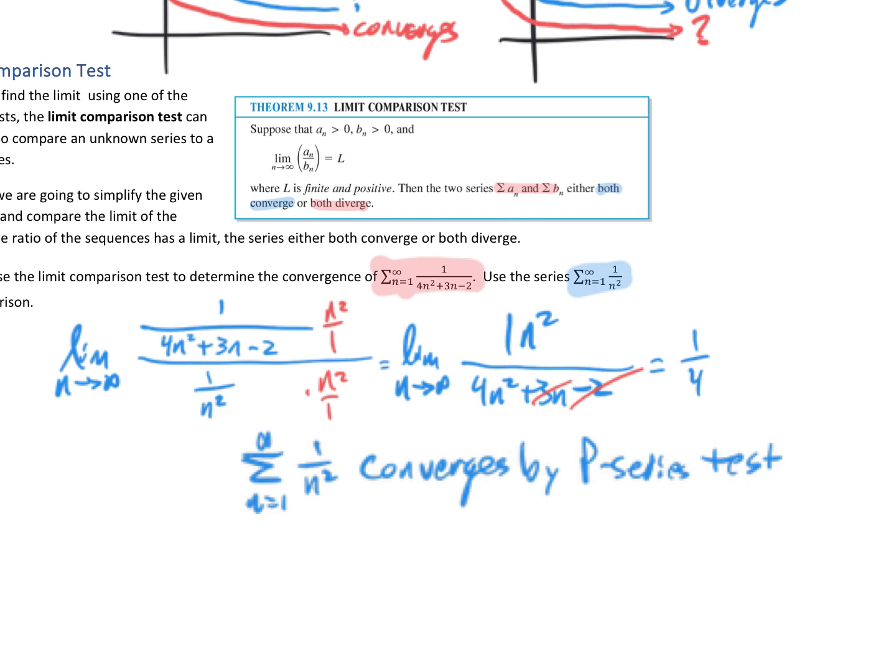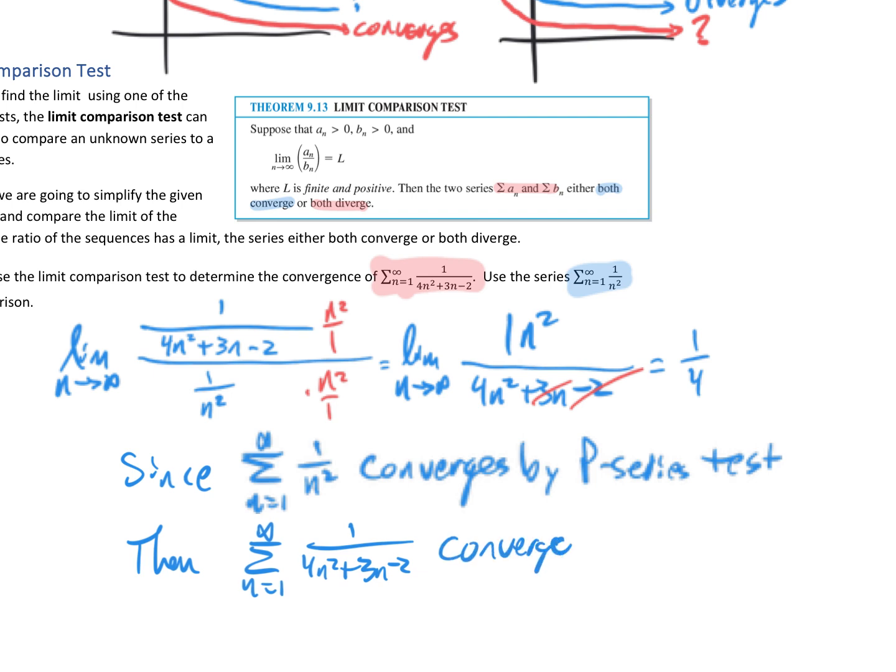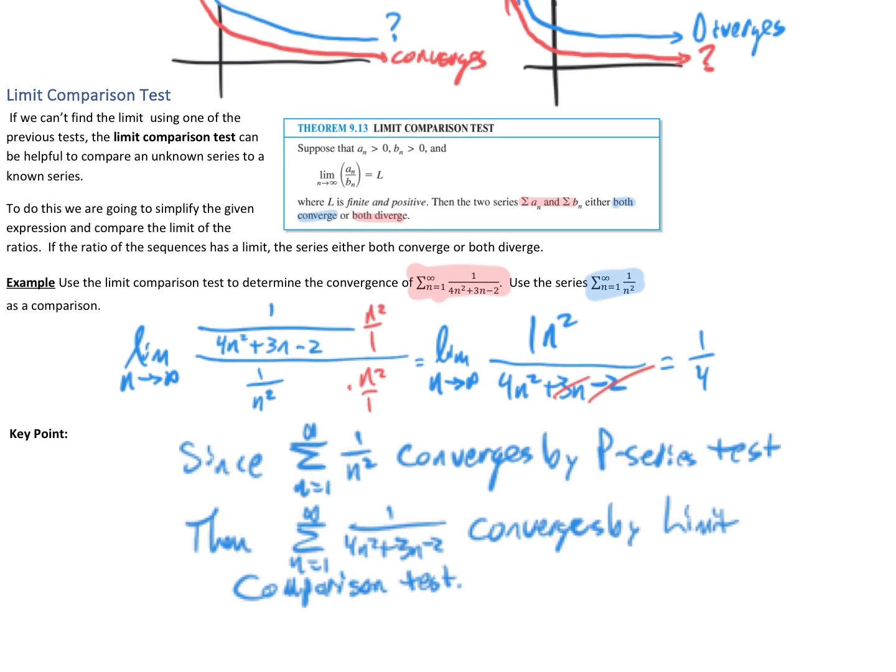So since that is true, then we know that the sum of 1 over 4n squared plus 3n minus 2 converges, and we can say this by the limit comparison. All right, so there's our conclusion there.